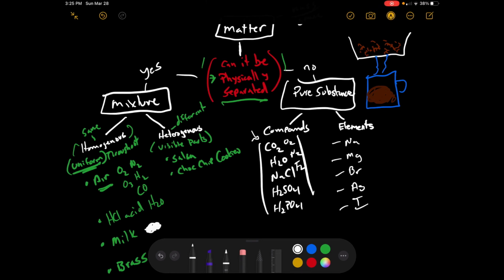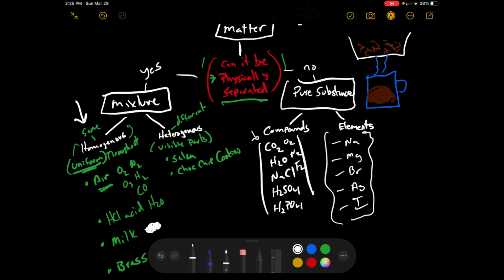You can't physically pull the oxygen out of carbon dioxide. You can't physically pull the hydrogen out of the water. These are chemically joined together to form new substances. You can't pull out the Na out of Na. Basically, you can't physically pull it out.